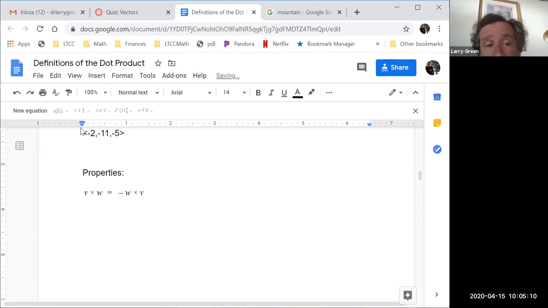Okay, I don't have time to prove it, but it's not that hard to prove. You just do it. So it says that this is not commutative. This is anti-commutative, they call it. Anti because you have a negative sign.